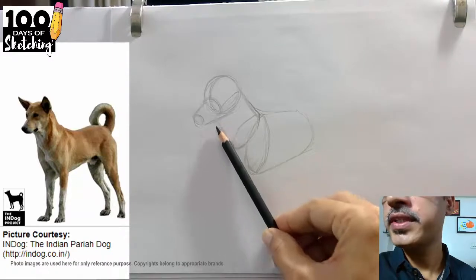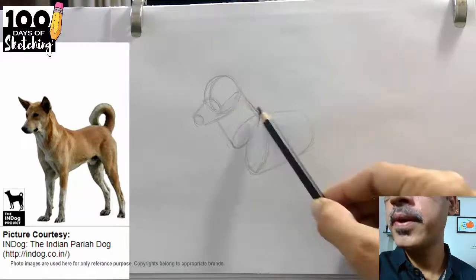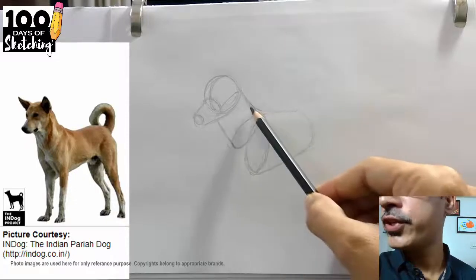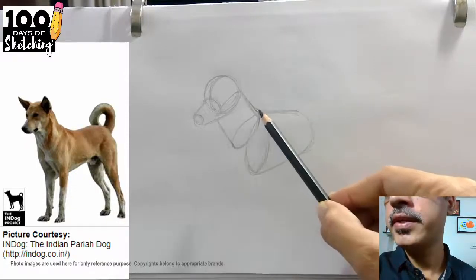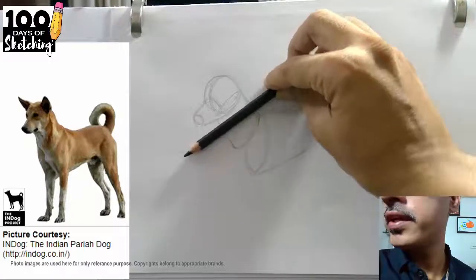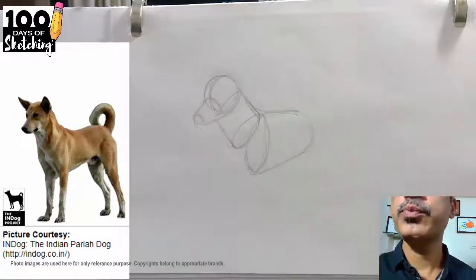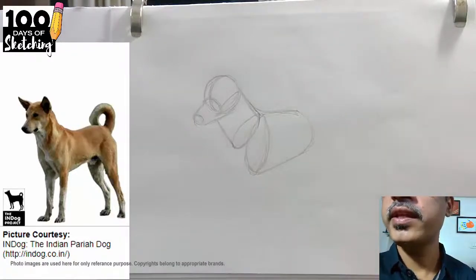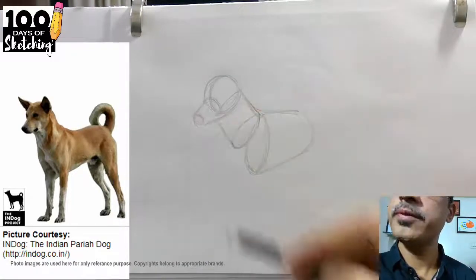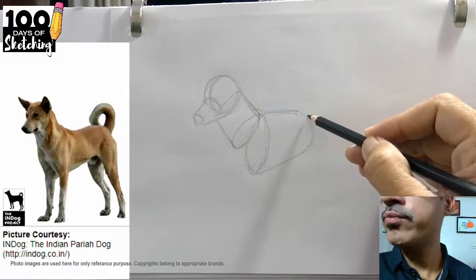While doing this, I'm observing the angles. This is the neck angle, and this is also there, plus the curvature and the spacing I'm seeing here. I just checked the angle of this portion, specifically the face portion, and here again there is one more.